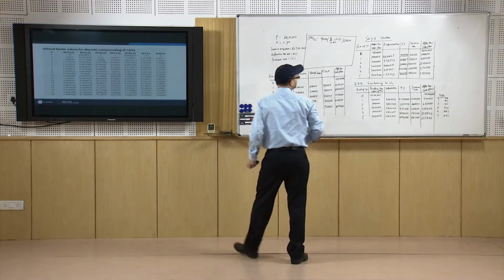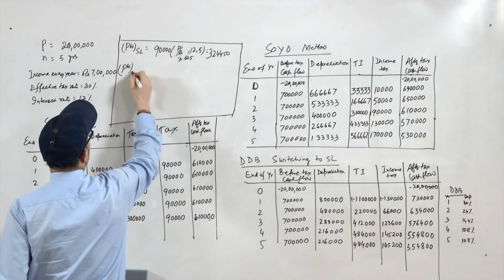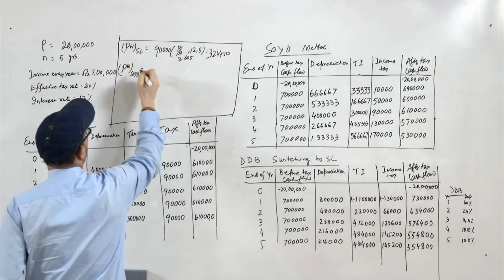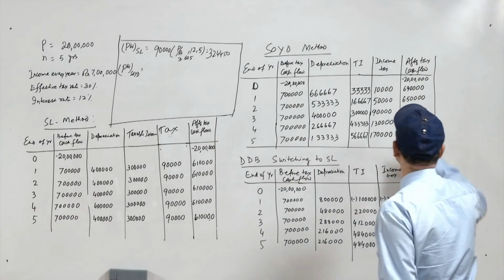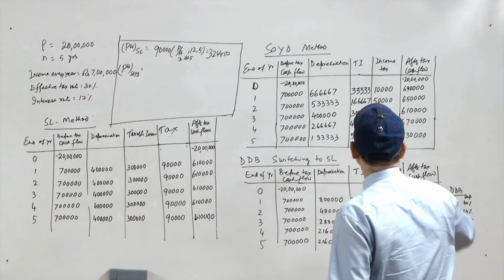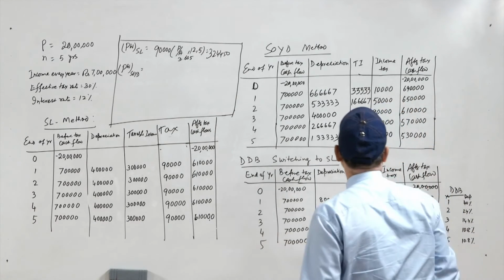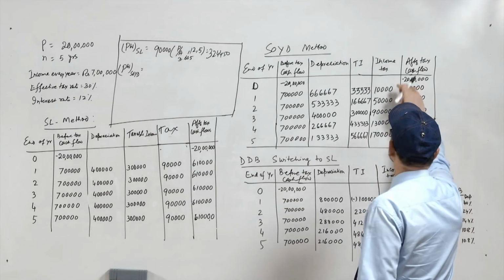If you go with SOYD, if you look at the taxes, there is 40,000 of increment every time.